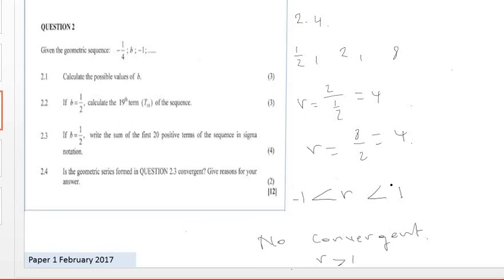If r was between -1 and 1, then we would say that the series is convergent.